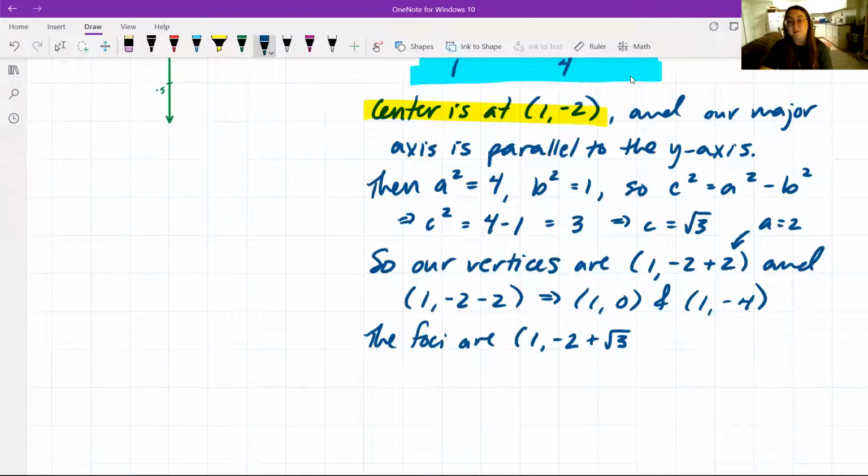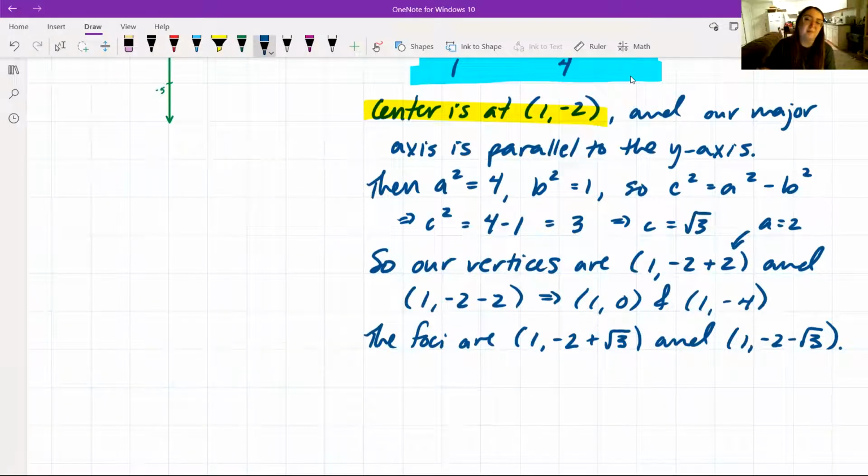Since c squared was equal to 3, c is equal to the square root of 3. And 1, negative 2 minus the square root of 3. So there are our vertices and our foci.